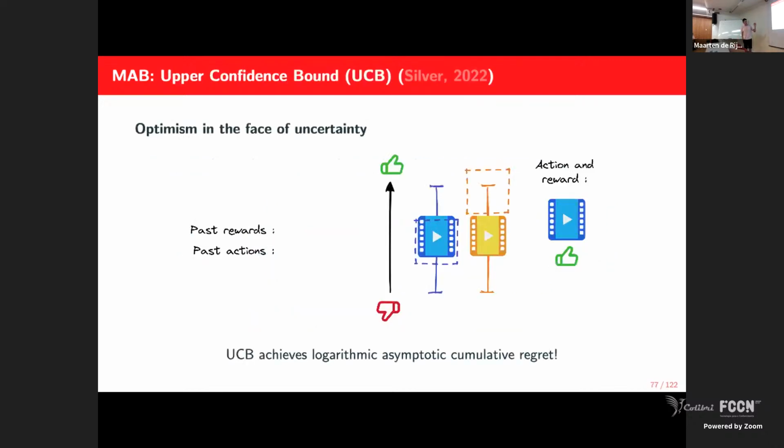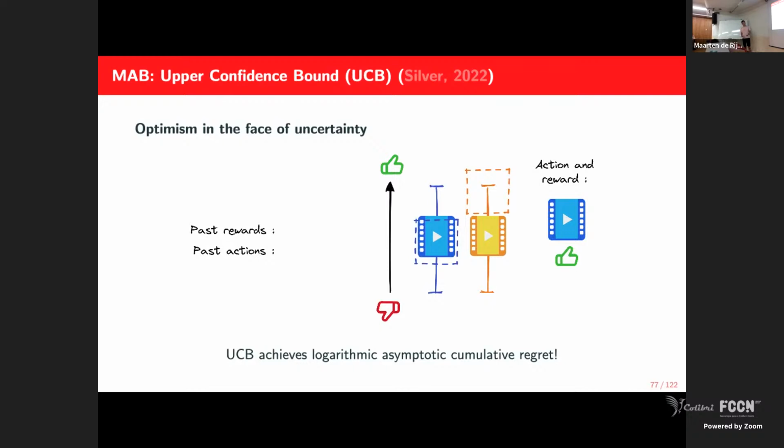Okay, let's try a better strategy. So this one is based on the idea of optimism in the face of uncertainty. That means that it's a heuristic saying that when you are uncertain about something, you should try to reduce that uncertainty. And in our context, we have these actions, and we are pretty uncertain about their value.